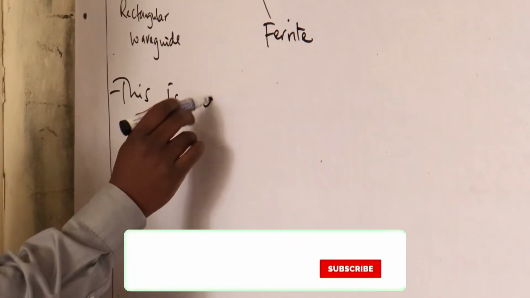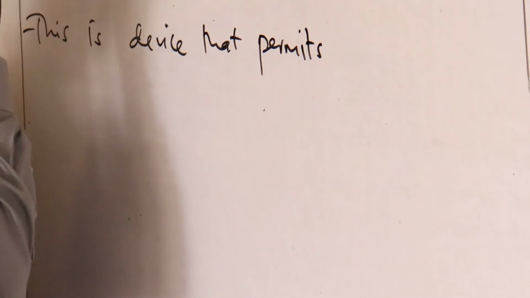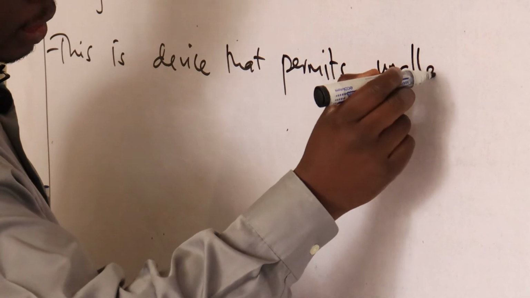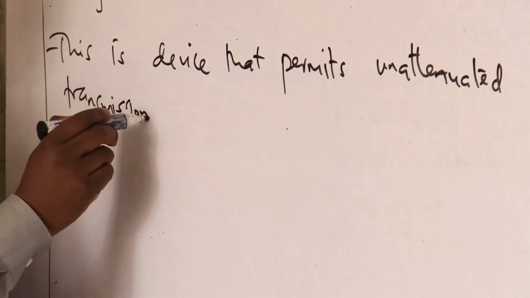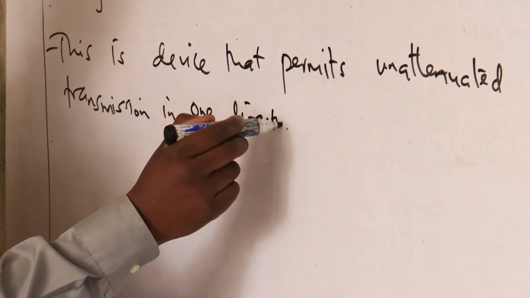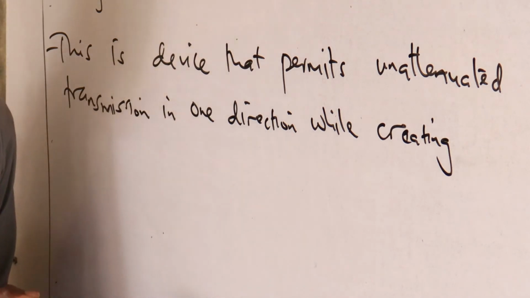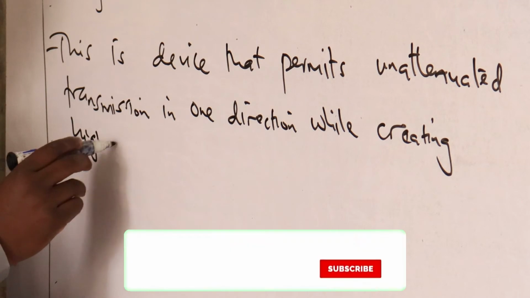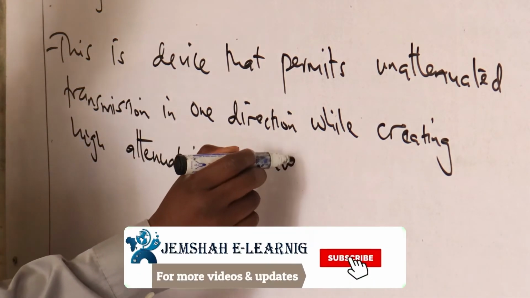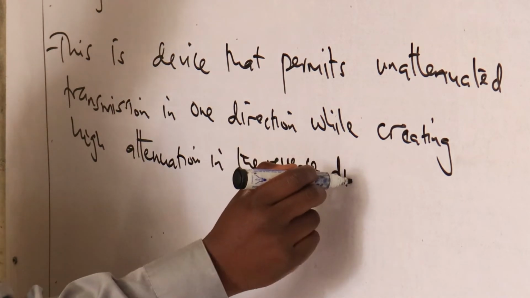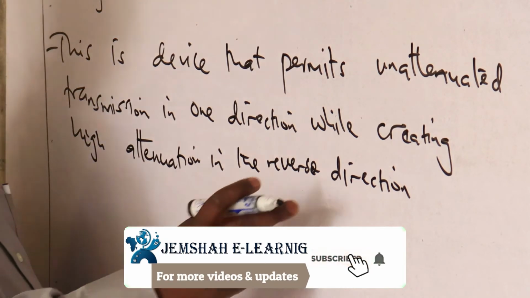So this is a device that permits transmission in one direction while creating high attenuation in the reverse direction.